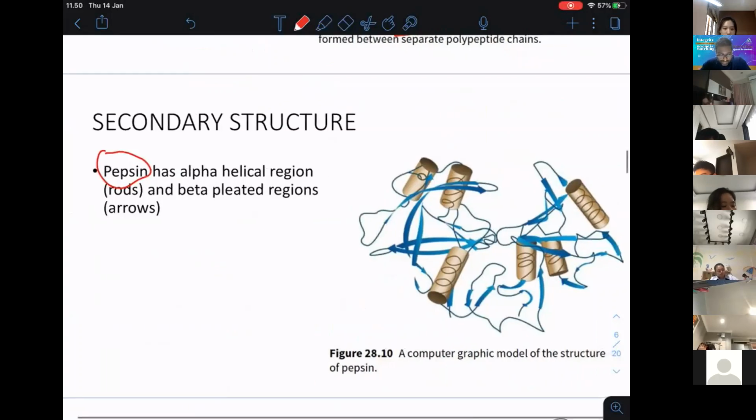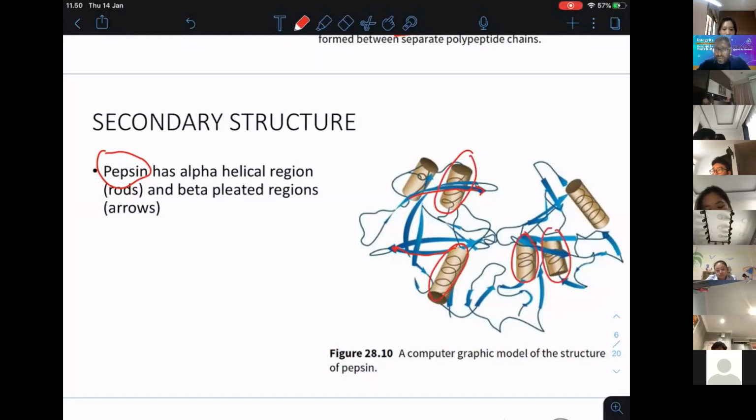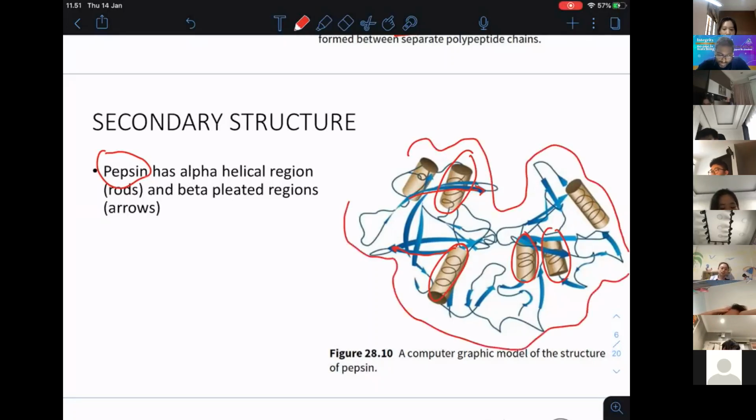The beta pleated is shown in the form of arrows, and all these rod-like parts are the alpha. The combination of these forms the structure of this enzyme. And remember, last time we learned about catalysts, and an enzyme is a biological catalyst.